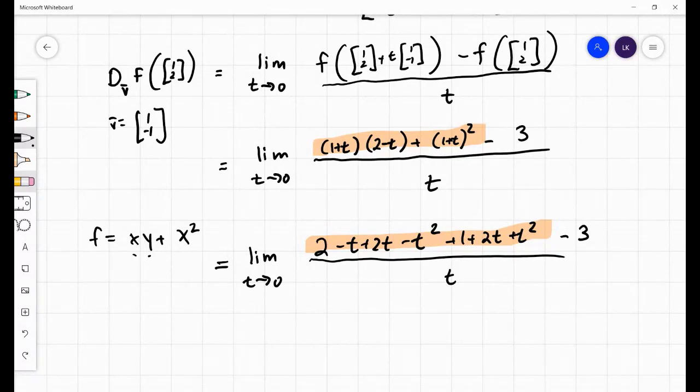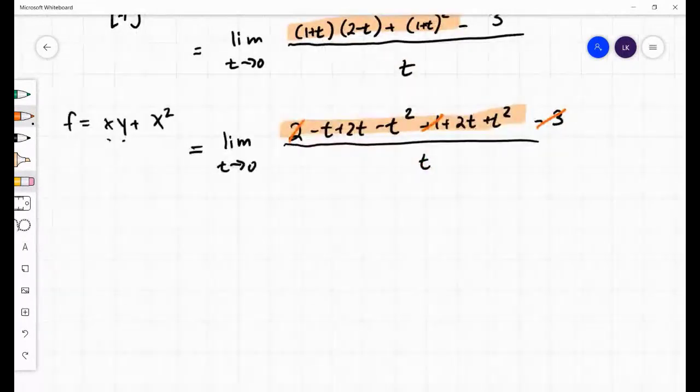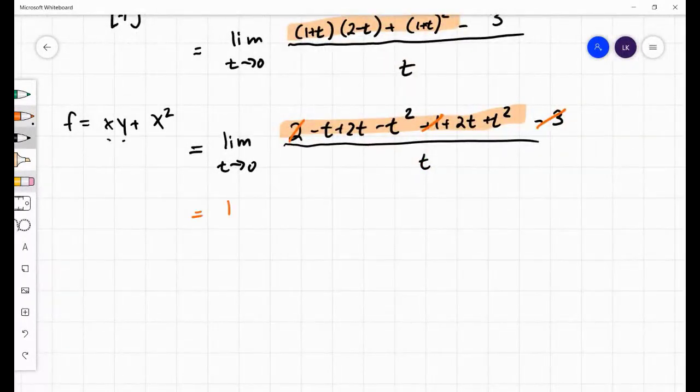Just because a partial derivative with respect to x or y is just a directional derivative in the positive x direction or y direction, similar mechanics should occur, where all the stuff that doesn't have a t will cancel. So you're only left with terms that have a t in them, which will conveniently cancel with the t in the denominator.